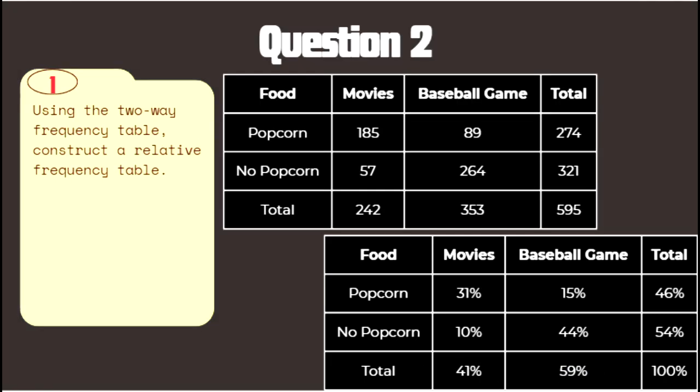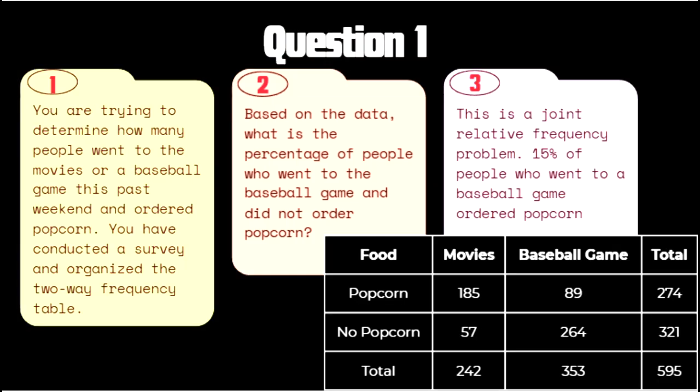Now I'm confused because it says 15% of people who went to the baseball game ordered popcorn. Okay, so this is 15% ordered popcorn, but it asked how many didn't order popcorn.